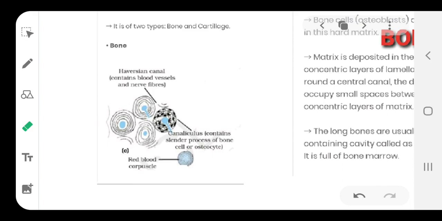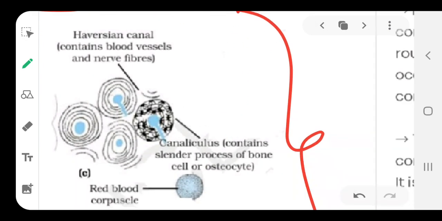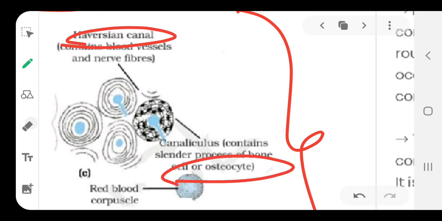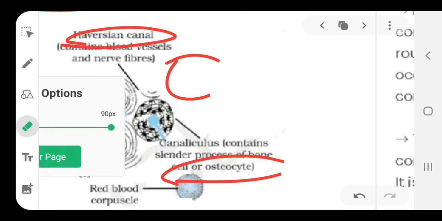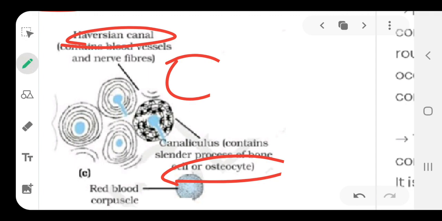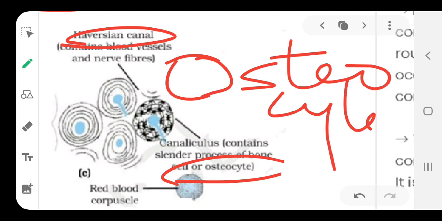For the first, bone, you can see the structure drawn from your respective textbook. In that whole diagram, check two terms that you should know. Number one is the Haversian canal, and number two is the bone cell called osteocytes, O-S-T-E-O-C-Y-T-E.